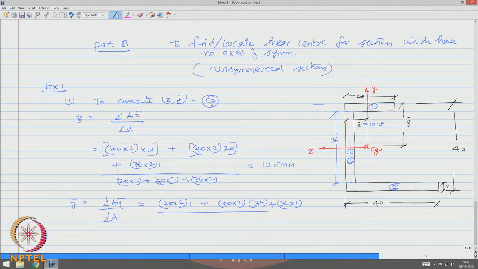Okay, we are bothered about this distance, which will be 36 by 2 is 18, 18 plus 2 is 20. So, 20, divided by 20 into 2 plus 40 into 2 plus 36 into 2. I get y bar as 23.9 millimeters.